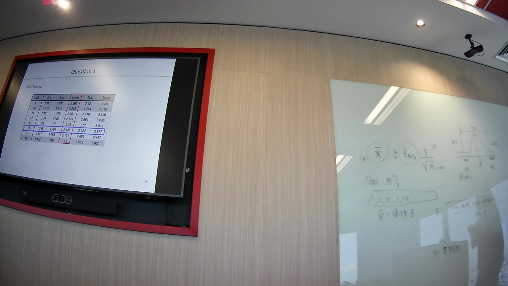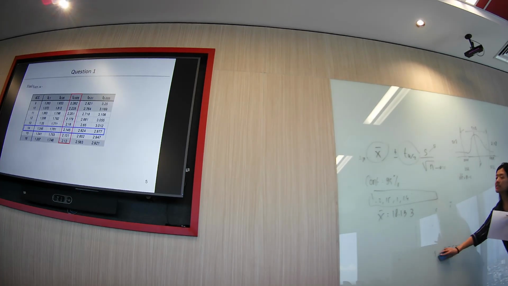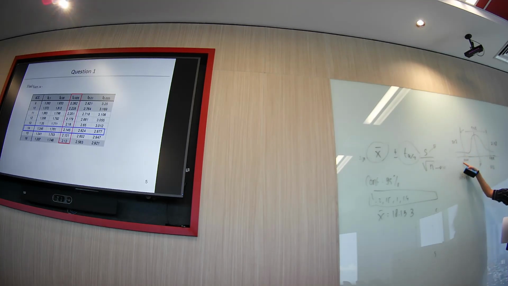Why did you choose the T0.025? It's from the confidence interval being 95%. So 95%, it becomes 2.5 here and 2.5 here. That's why 2.5% equals 0.025. Not T0.05, yes, it's T0.025.